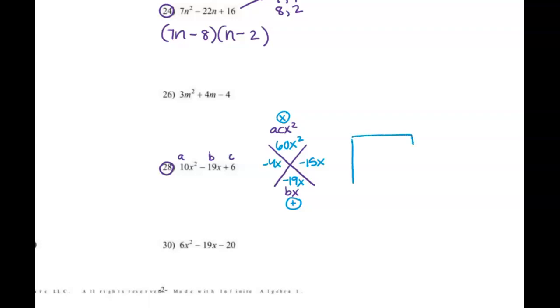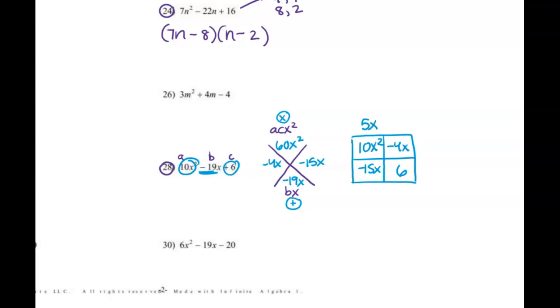So then we can make our box. And so on the inside, we'll put 10x squared, and we'll put our 6. The goal here was that we split up our negative 19x into negative 4x and negative 15x. And now we can find the GCF of each row and column. So GCF of 10x squared and negative 15x is 5x.